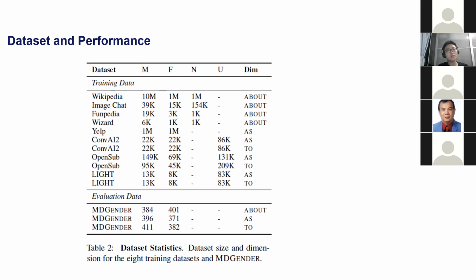Since the data in question are conversations, you have data for both the as and to dimensions, because you'll be speaking to someone who would either be a man or woman or neutral, and you'll be speaking as also someone who is man or woman or neutral. So yeah, they have also collected an evaluation data set to evaluate the performance of their models, and I'll be talking about it later.